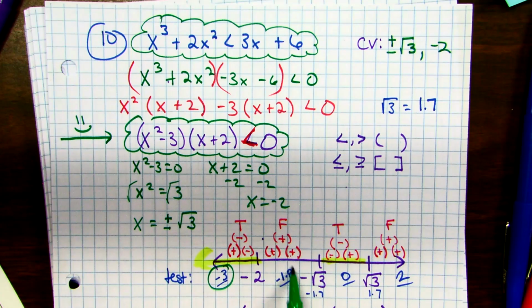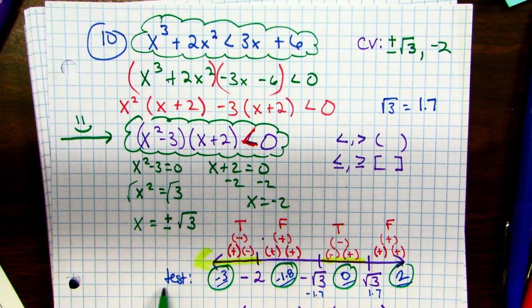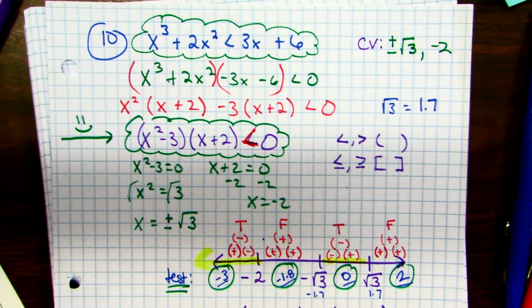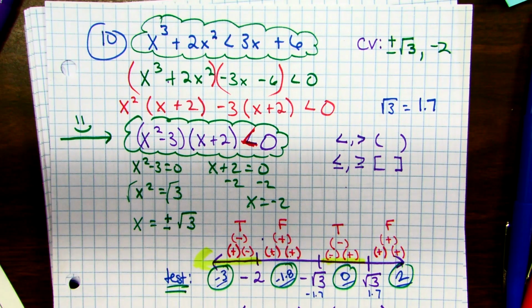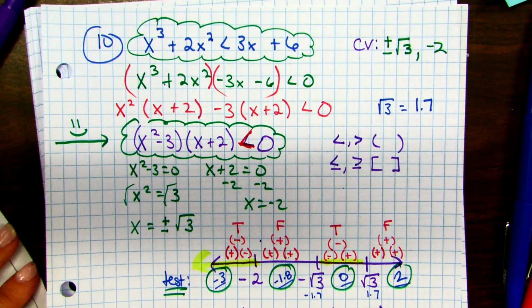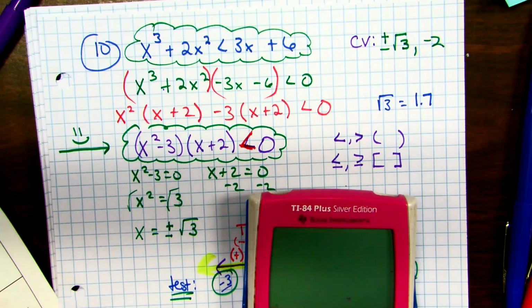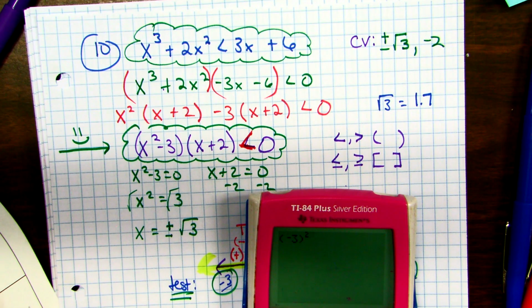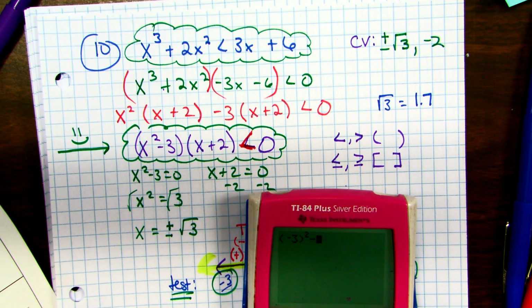These are the numbers I plugged in, my test values. I'm testing those values to see if they're positive or negative when I plug in. Okay, did you put -3 in parentheses? -3 squared gives me a +6.